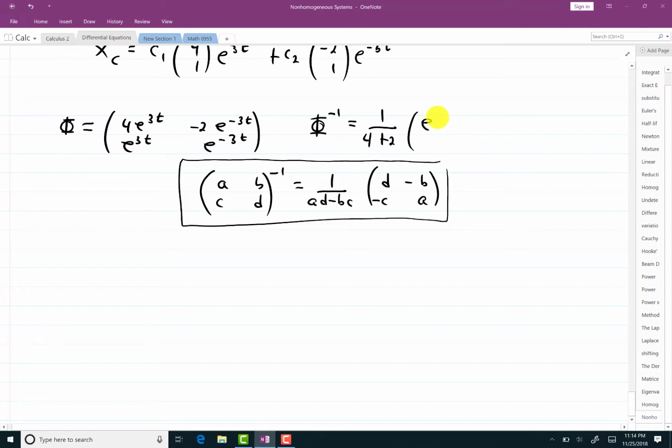I swap those diagonals. And then I negate the other two diagonals. So there we have it. Now I'm prepared to get my solution.